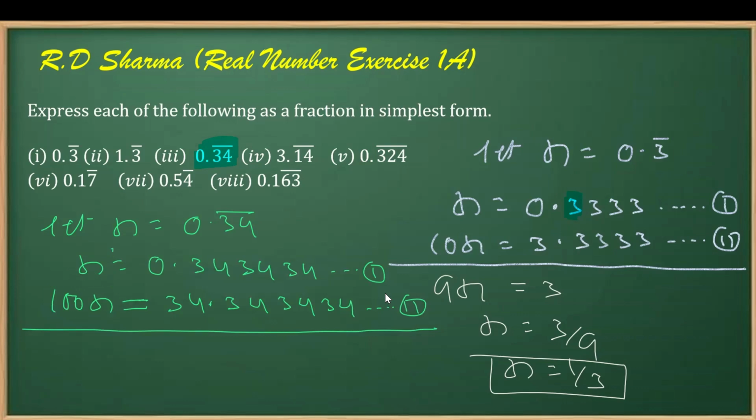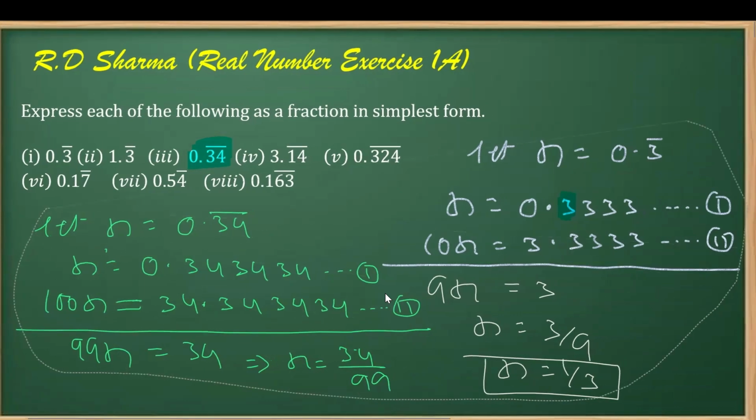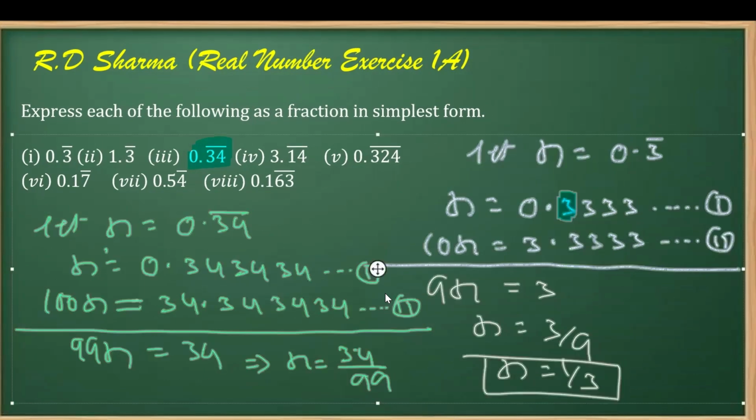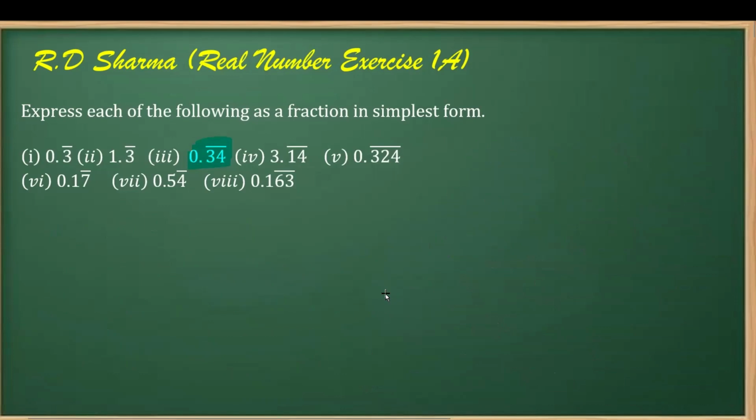That gives you 99x is equal to 34, because this and this, on subtracting, will become 0. So x is 34 over 99. I can see that this cannot be reduced further, so we may leave this as the answer for this part.